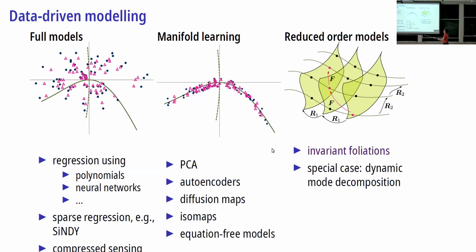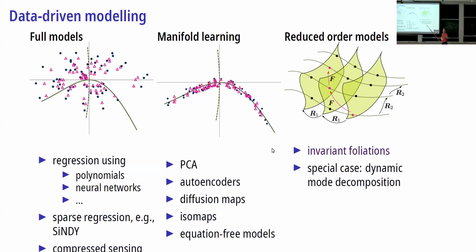The other one, which some people call reduced order modeling, but I would be a bit more specific, I call manifold learning, when the data is embedded in a much higher dimensional space than the model, and hence the data is on an invariant manifold somehow. Here, these blue dots are mapped into these purple triangles, and if you have a linear manifold, then you can do PCA.